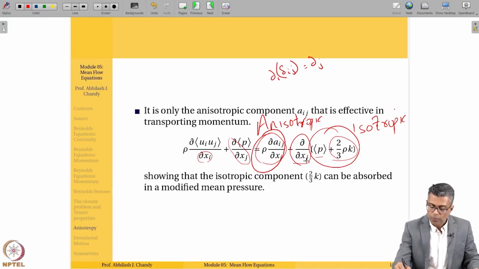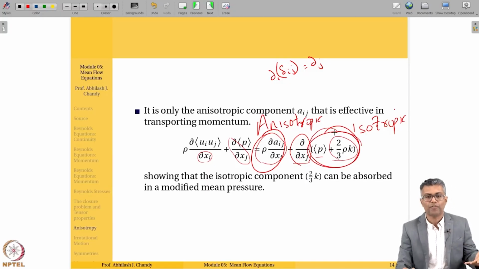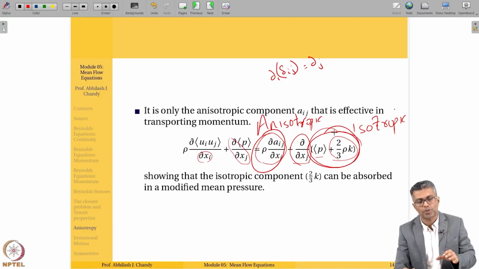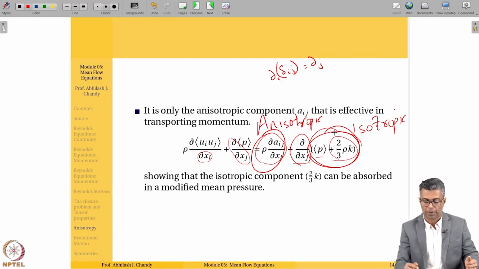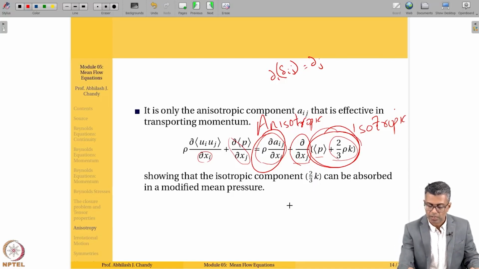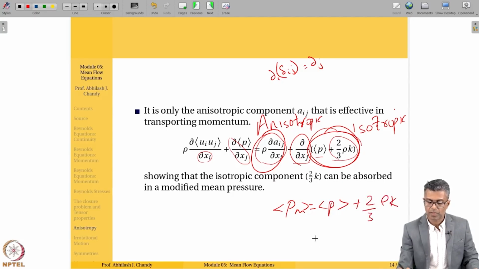And now we can call this the modified mean pressure, because all it is doing is bumping up the pressure, because it's an isotropic term. It's a scalar that can be absorbed into the pressure. So this can be a modified mean pressure. For instance, you can call it PM. I'm just using a notation here. PM is mean P plus 2/3 rho K. This is it.